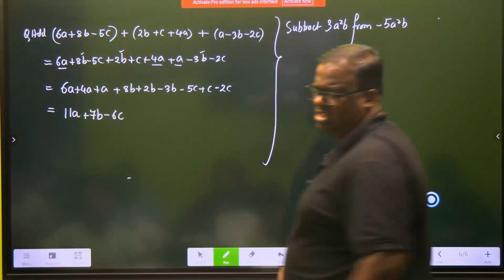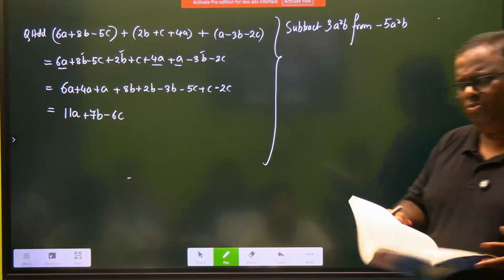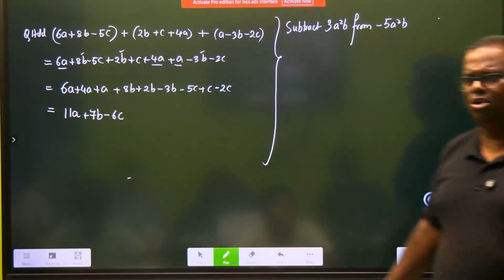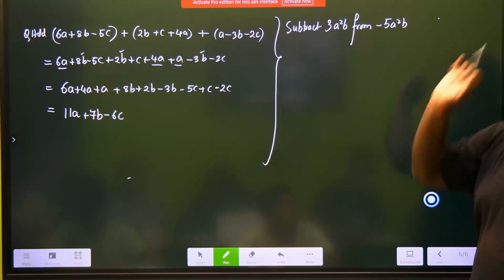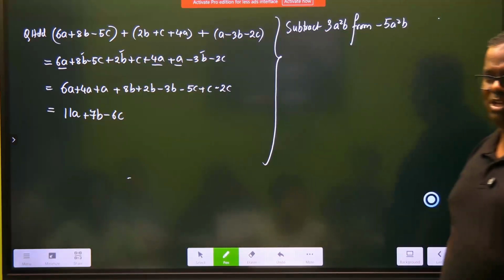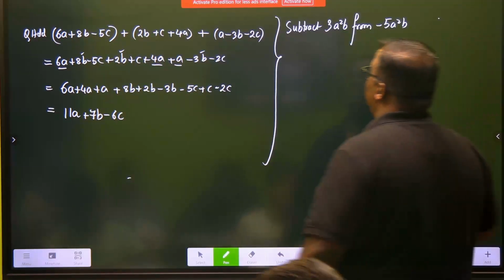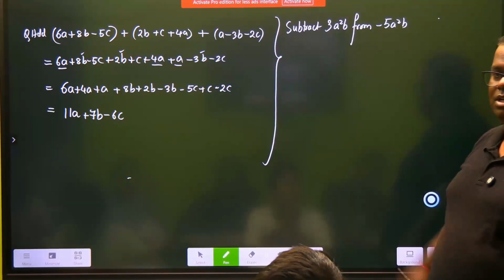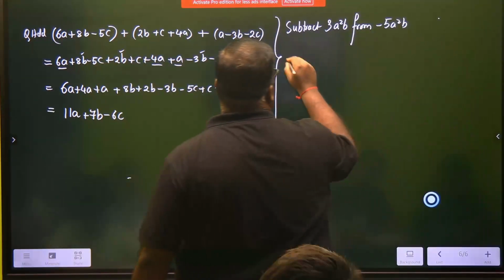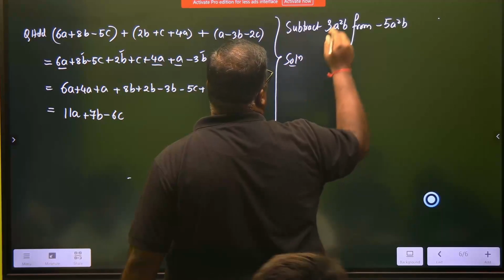First, you ask whether this subtraction is possible or not. Yes, sir, it is possible, because both are a square b. So how do we do it? Subtract this from this.